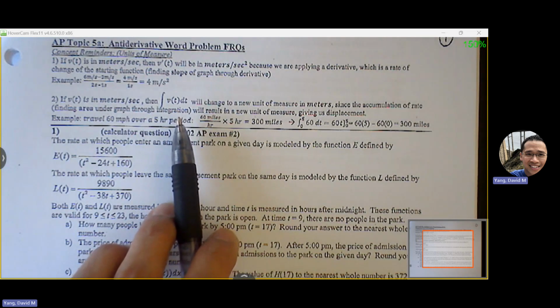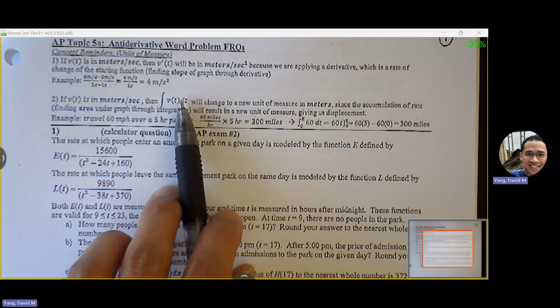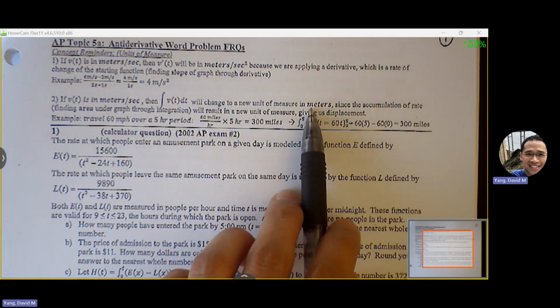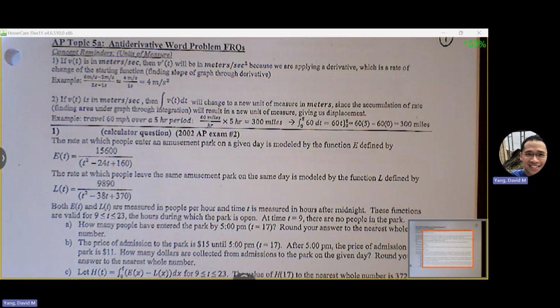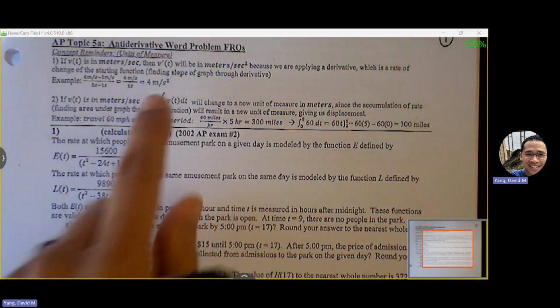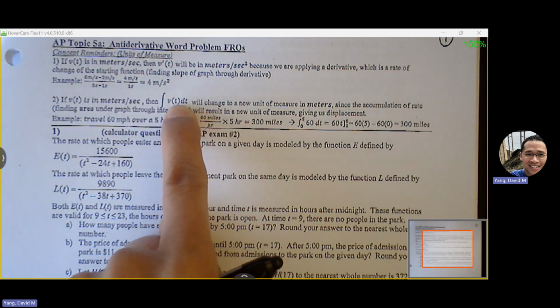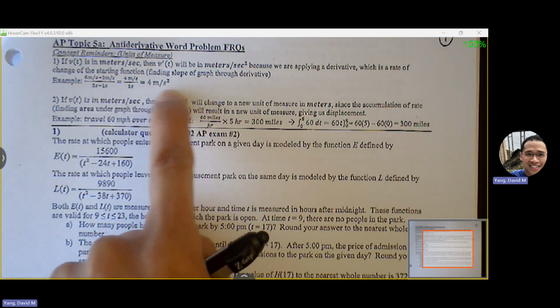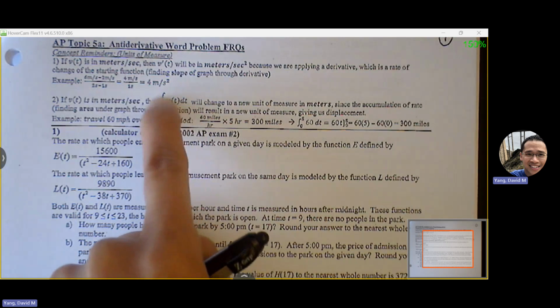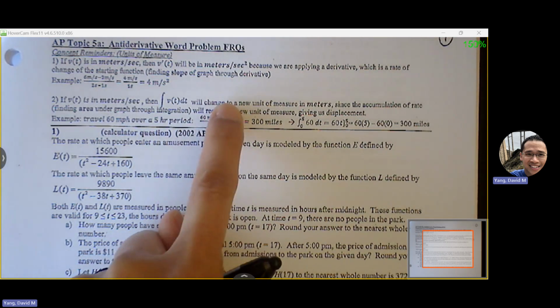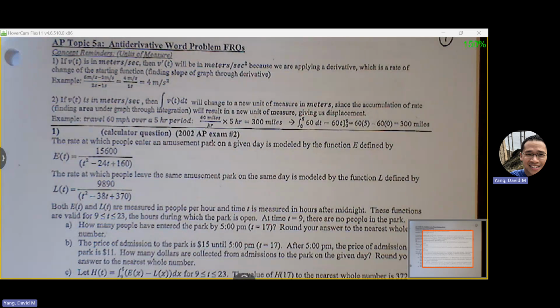But if you take the antiderivative, your units will change in the sense that your rate will now turn into the unit above it. So if we start off with velocity, which is meters per second or miles per hour, let's say, and if I take the antiderivative of velocity, then I'm up to position, right? Your units will change if you ever push it through a calculus procedure.